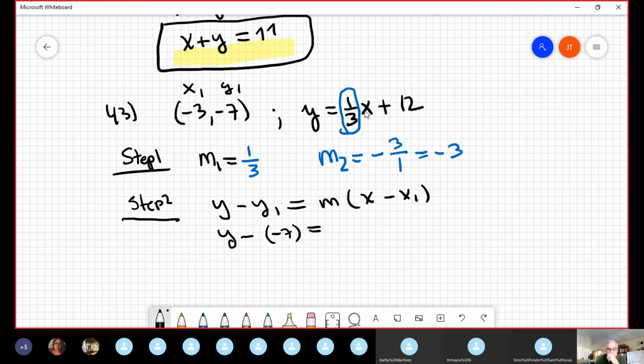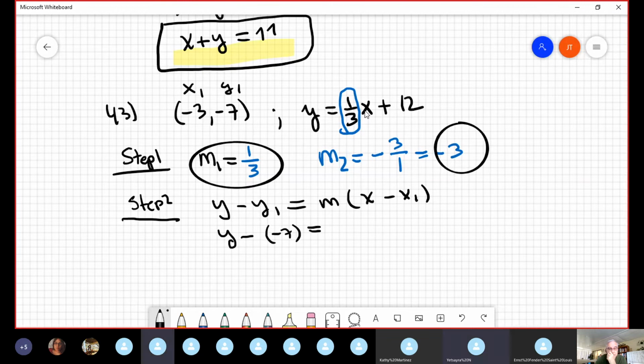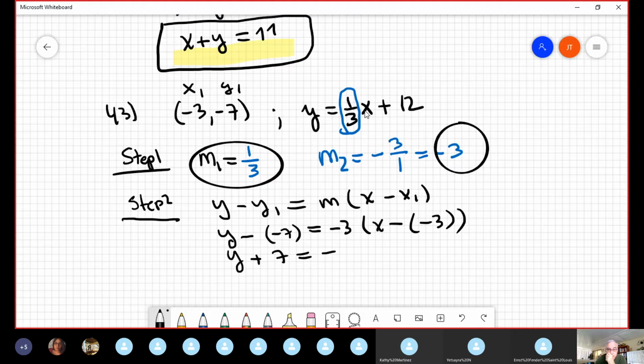What slope are you using here? This is slope 1 or this is slope 2? -3. Very well. Y plus 7 equals -3 times x plus 3. Double minus becomes positive. Remove the parentheses, apply the distributive property: -3x minus 9.